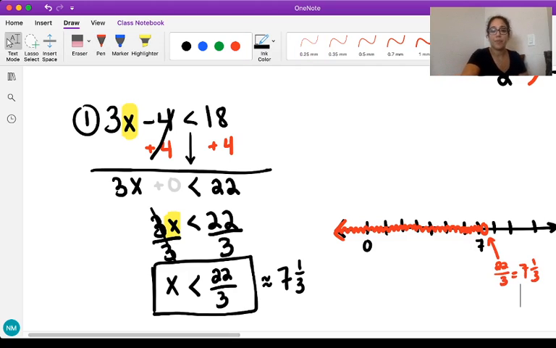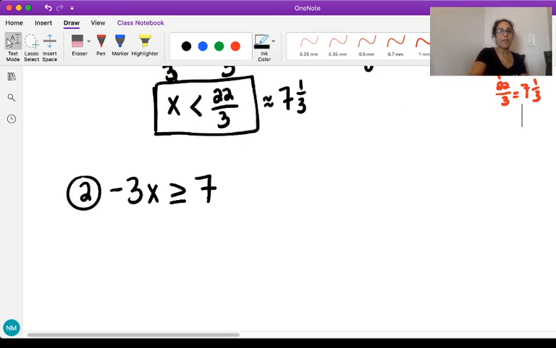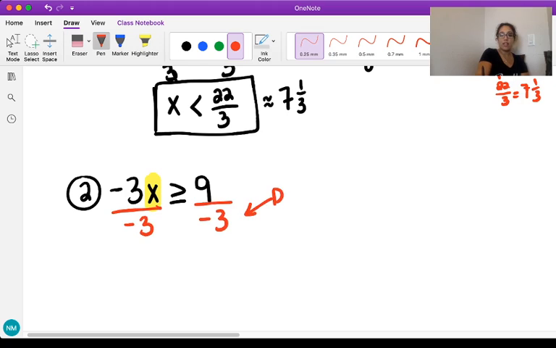Next problem. I'm actually going to change this to a 9. So if I have negative 3x is greater than or equal to 9, super simple, right? I'm isolating the x. So I'm going to divide, this is being multiplied, by what? Negative 3. Here I am dividing by a negative.